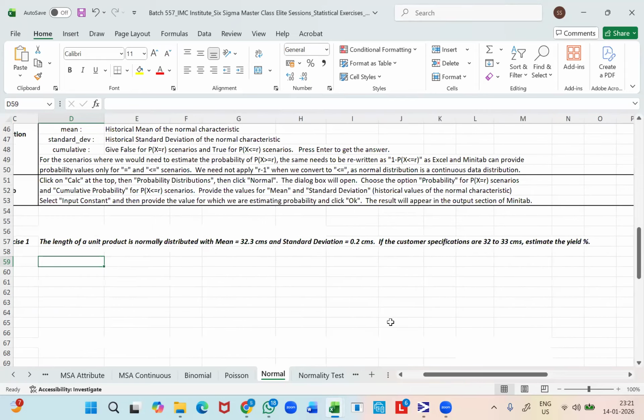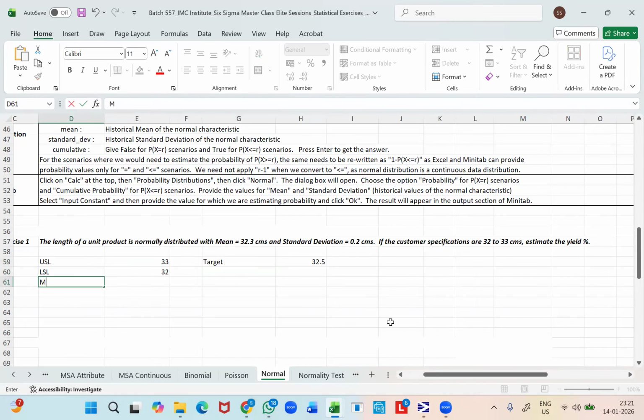So let me summarize all these input values and then we will perform the calculations. The USL value is 33 and the LSL value is 32. So we can understand that the target is 32.5.